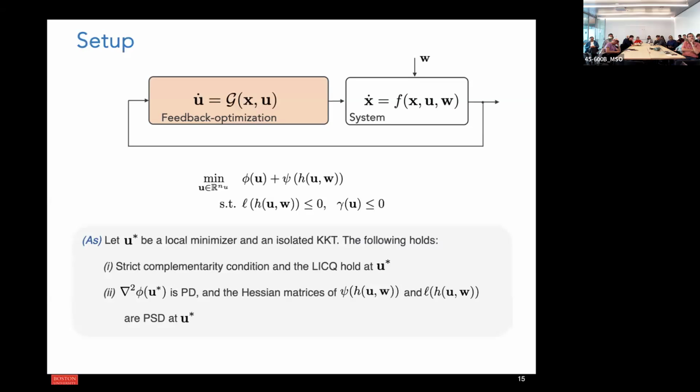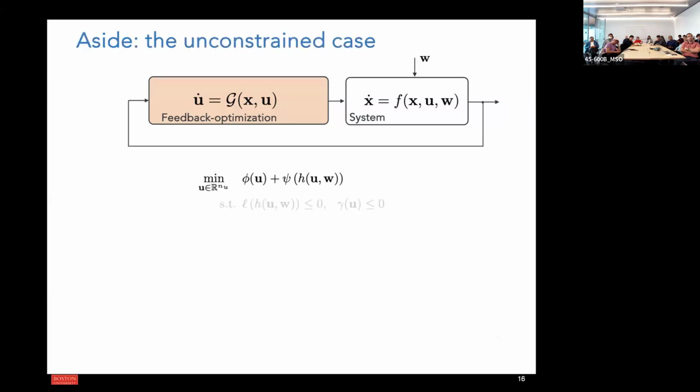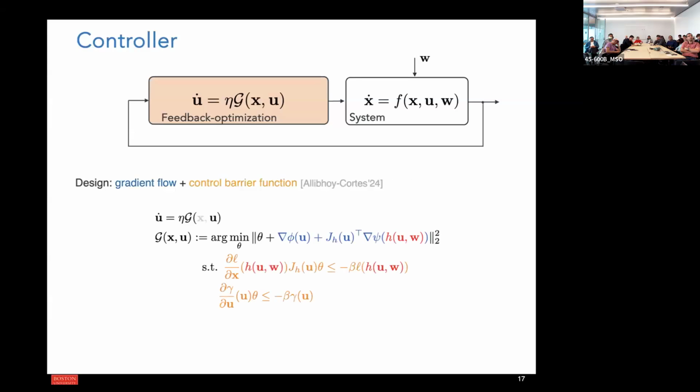So for these constraints on the output, on the state of the system, and for these constraints on the input, where again, this one is nothing but the Lie derivative of my dynamics with respect to the CBF defined by the constraint function.